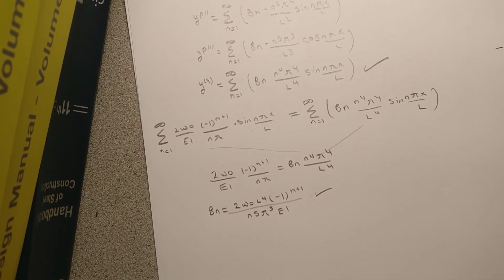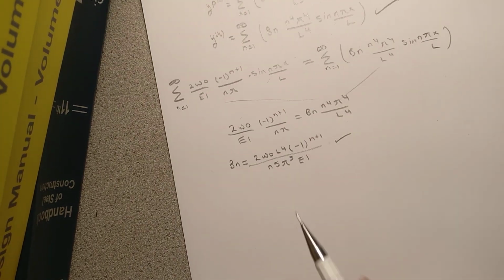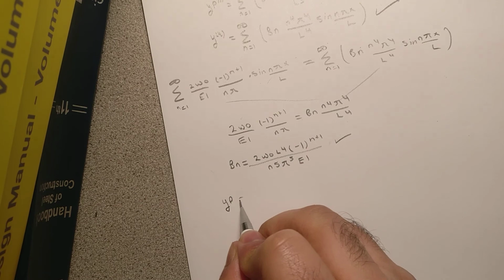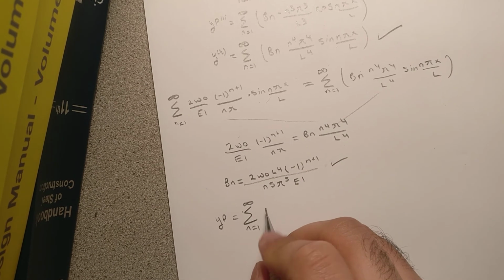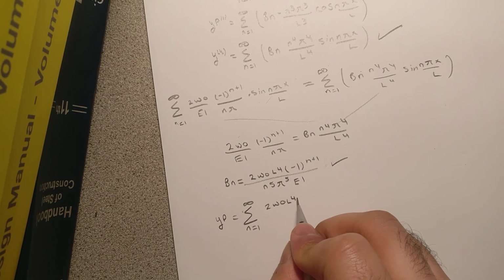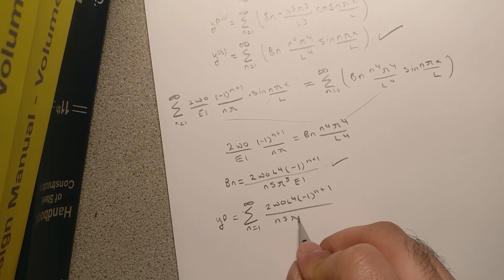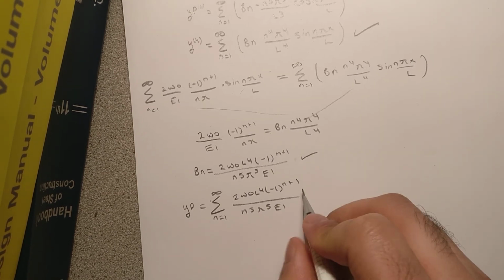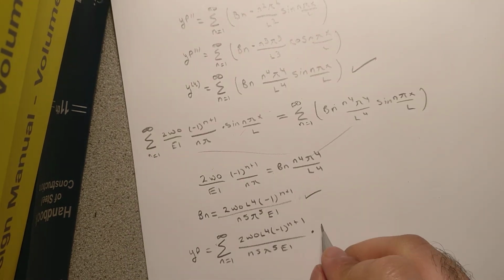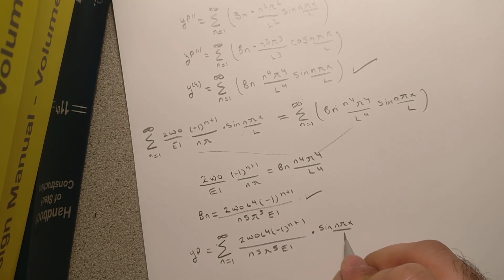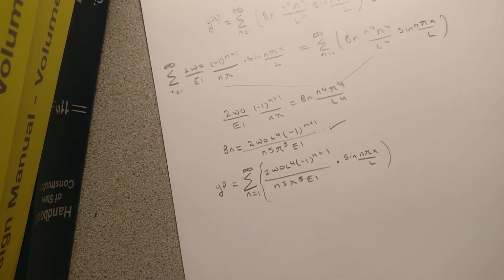So after you got Bn, you're simply going to substitute it back into your particular solution right here, and that will be your final solution. So yp is going to be equal to the summation infinity n equals 1 Bn, which is 2W naught L to the 4 negative 1 to the n plus 1 over n to the 5 pi to the 5 EI. We're going to multiply it by sine n pi x over L. Alright? So that's what we have for our final solution.